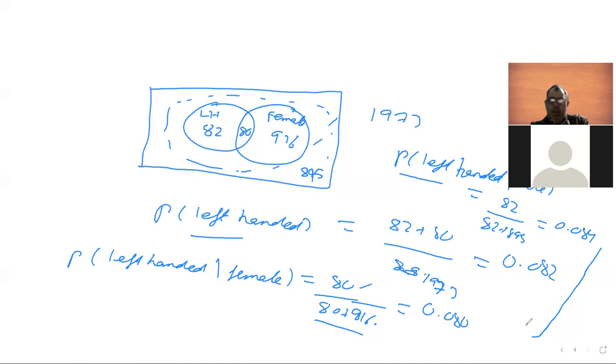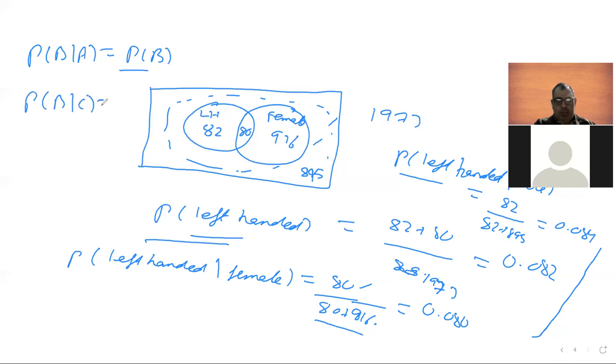right? So if independent events, then I told you that P(B given A) is equal to P(B). So this is what is actually being proved here. This is P(left-handed), and this is P(left-handed given male), or P(B given C) is also equal to P(B).